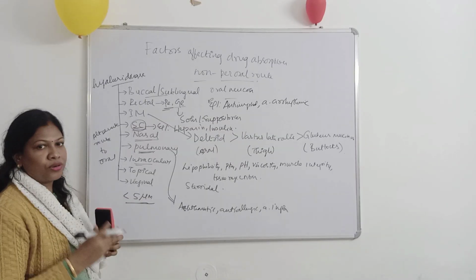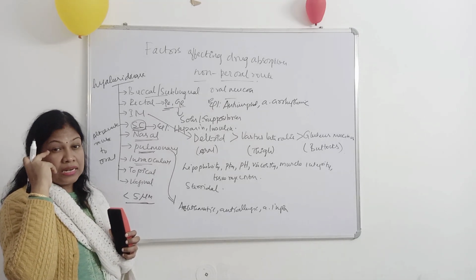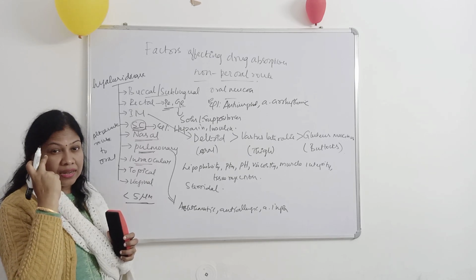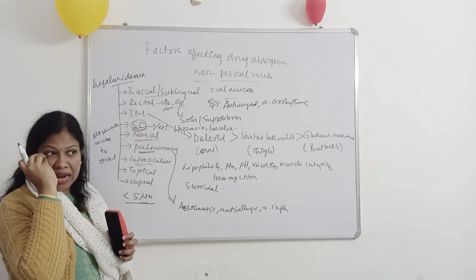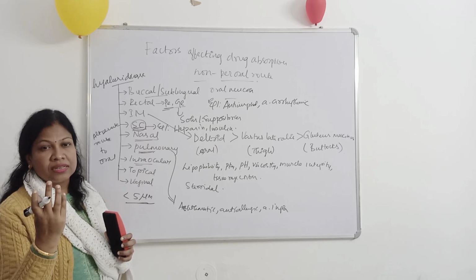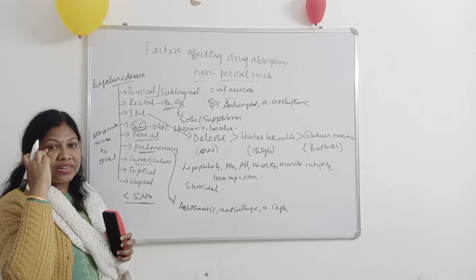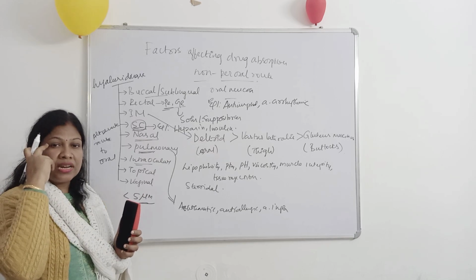Next route is the intraocular route, that is drug administration through the eyes. Again, it is a highly sensitive organ with better blood flow, and local action is needed in the eyes, like mydriatic drugs, miotic drugs, anti-allergic drugs, or anti-infective drugs. If there is infection in the eye, we cannot take a tablet, we have to use eye drops.